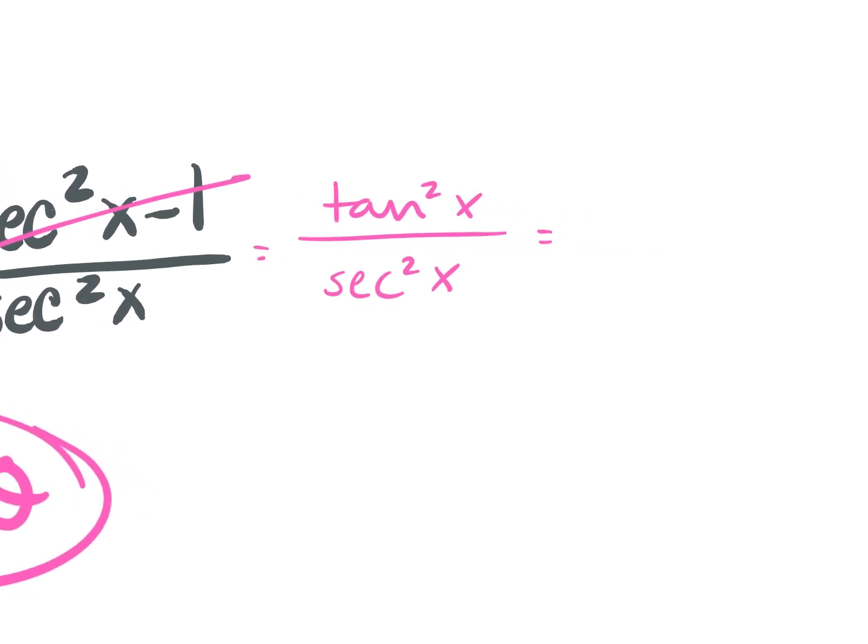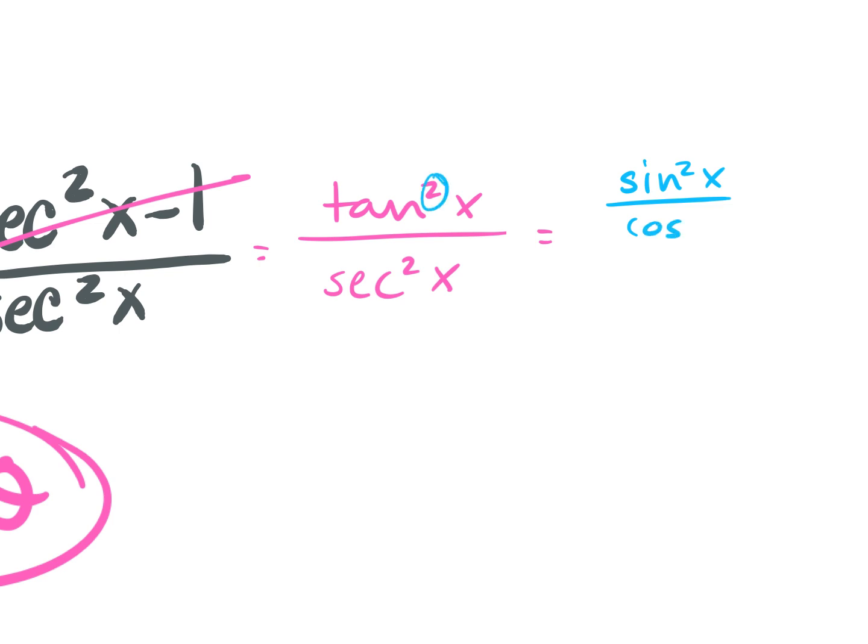Any suggestions on what we could do next? Let's change everything to be in terms of sine and cosine. What would we change tangent squared to be? What's tangent in terms of sine and cosine? Awesome. So it'd be sine squared over cosine squared.